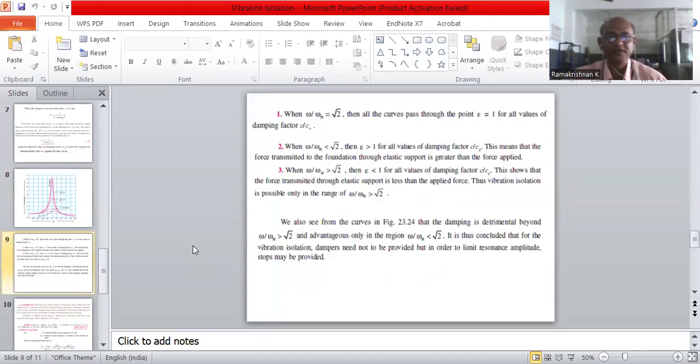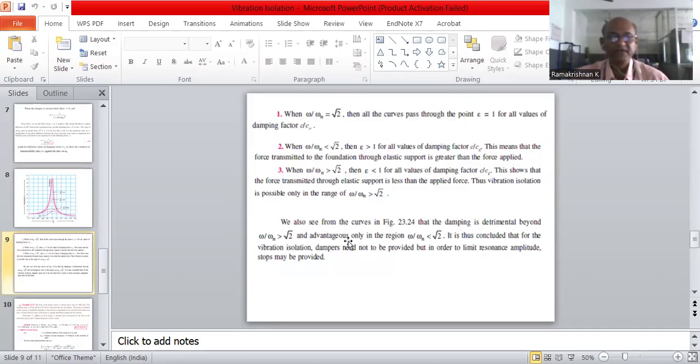What it indicates is that the applied force is greater than the transmitted force. So vibration isolation is possible only when omega by omega n is greater than square root of 2. This is the case where we need the isolation.